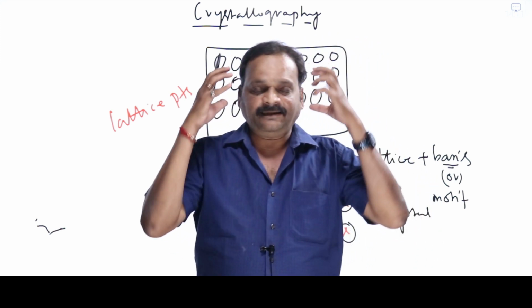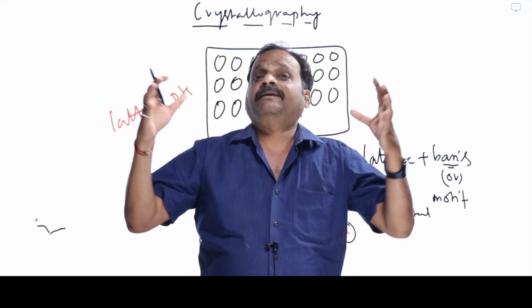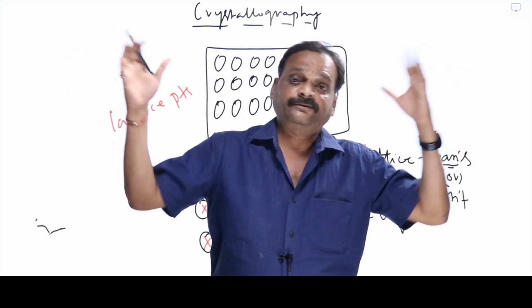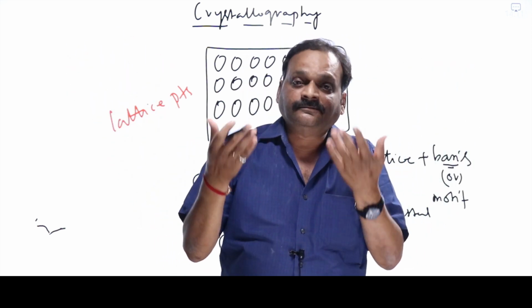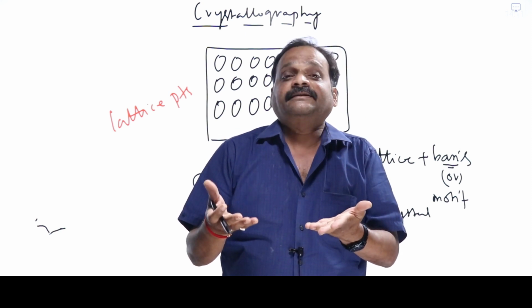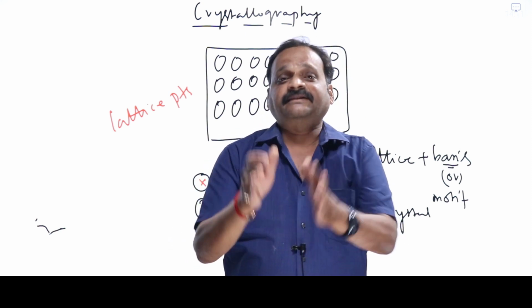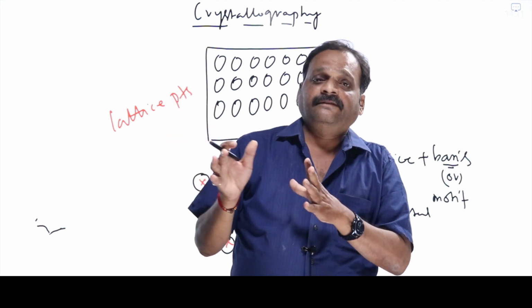Imagine a crystal is equal to a big college building where there are 100 rooms. Suppose UPSC wants to take that college as an examination center for the engineering services exam. One team of officials will come to inspect.